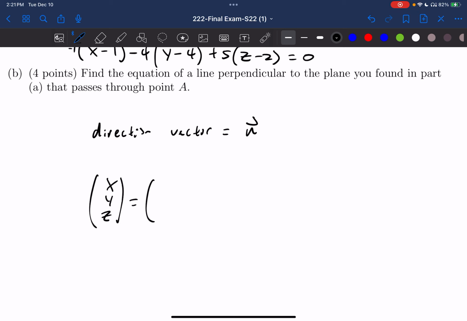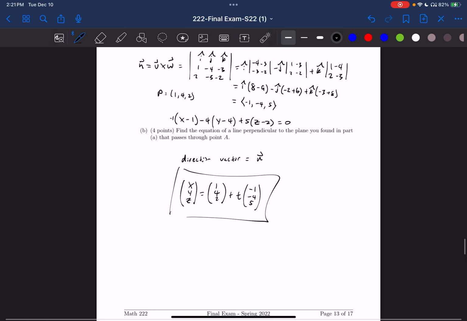Any point, we can just use A, which is (1, 4, 2) from what we said earlier, plus t times n. n is going to be (-1, -4, 5). And this is our answer. And that's it.